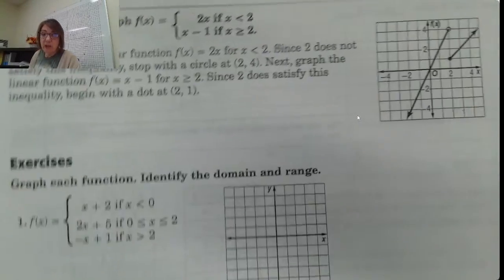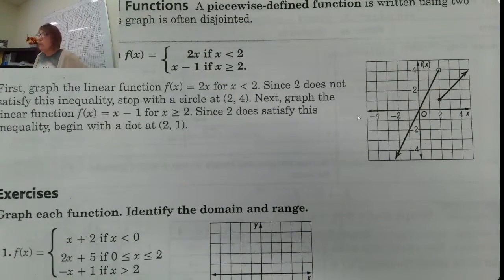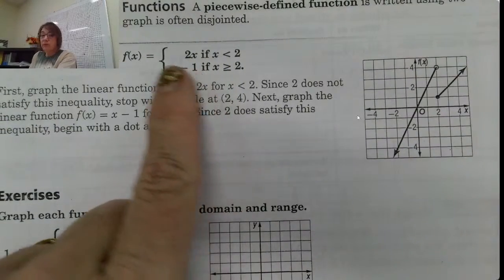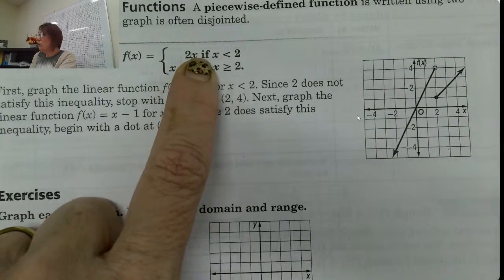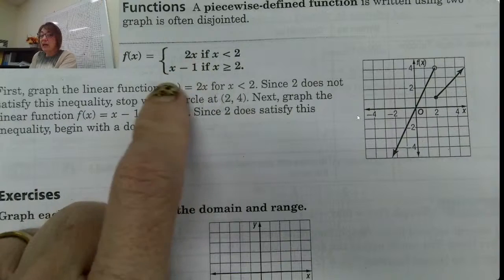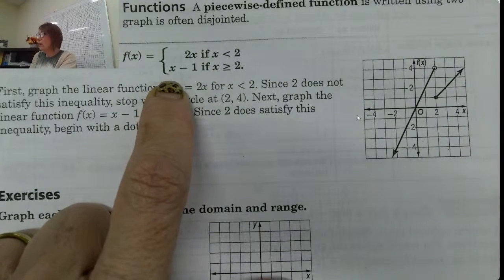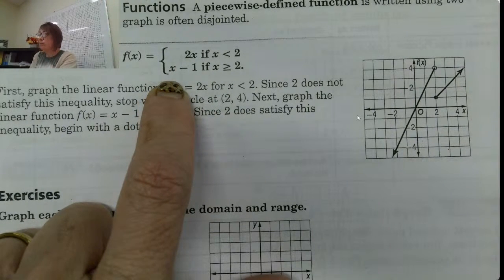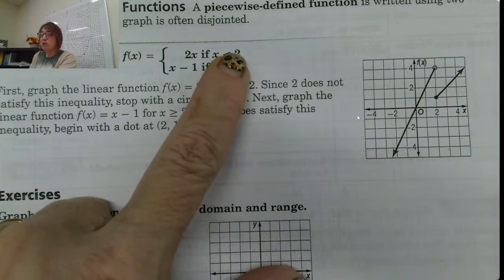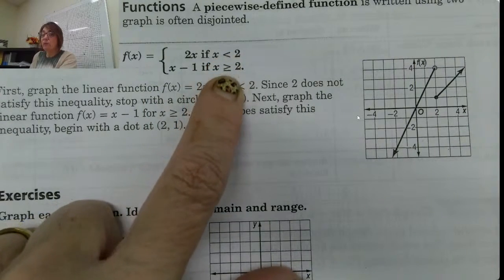This first page right here is talking about piecewise defined functions. Now, a piecewise function is when you have multiple equations that make one function. In this case, they have y equals 2x, and they have y equals x minus 1, but we're just using part of this one and part of that one.